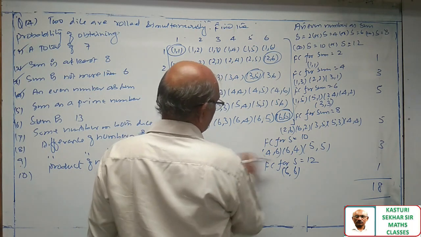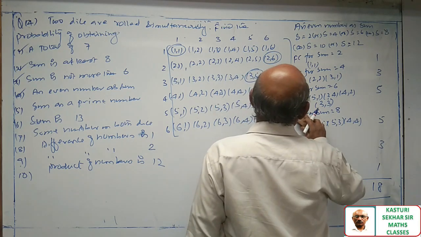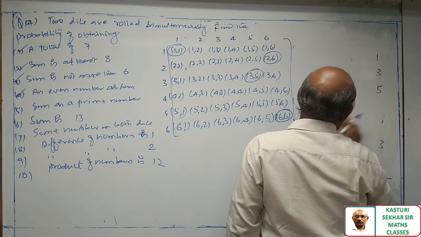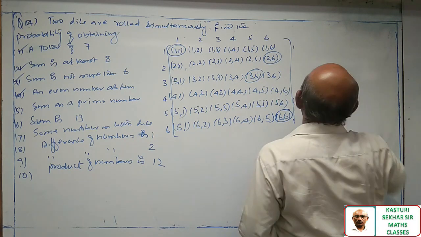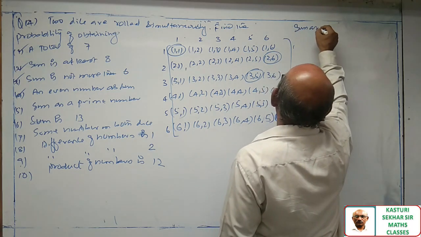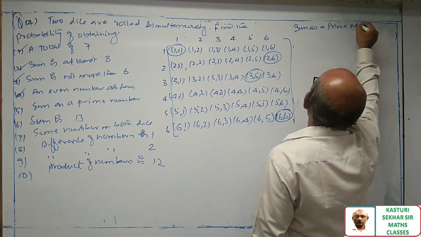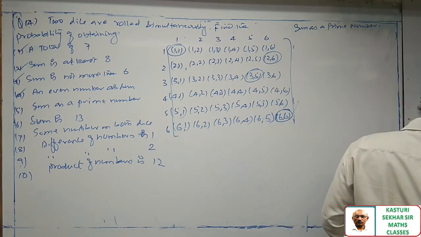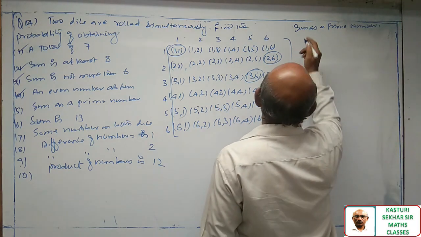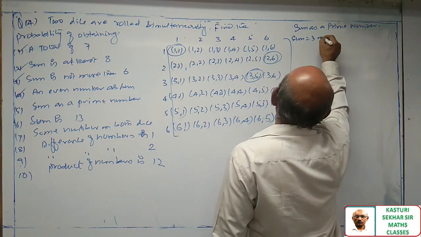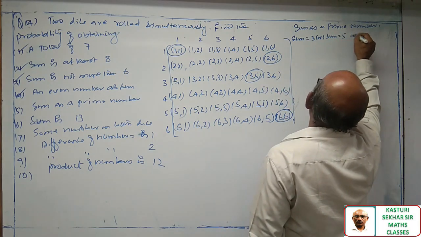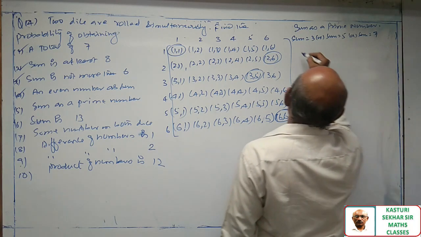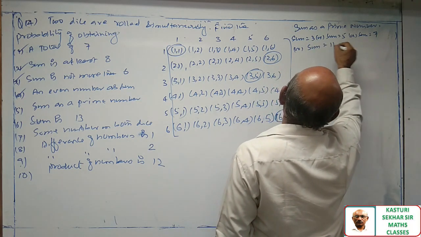Next, sum as a prime number. It means sum is equal to 3 or 5 or 7 or 11.